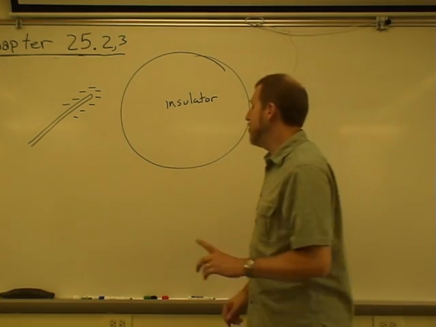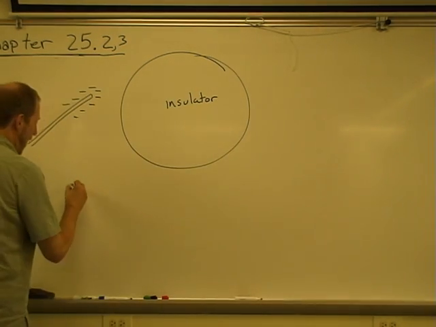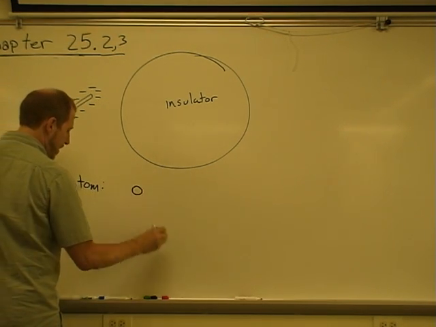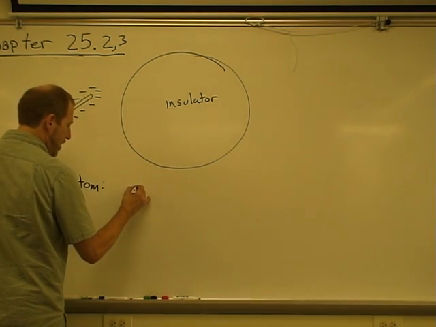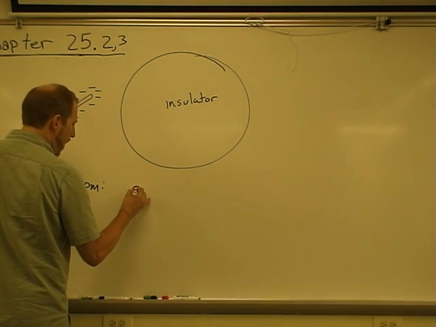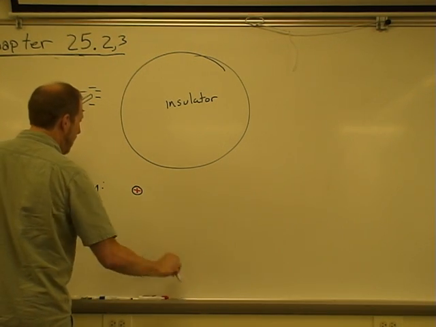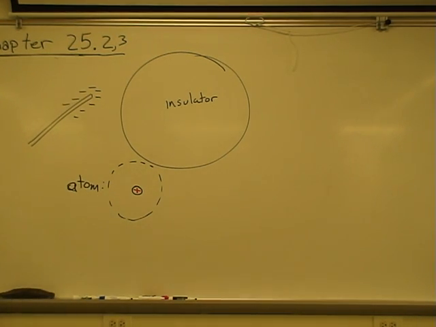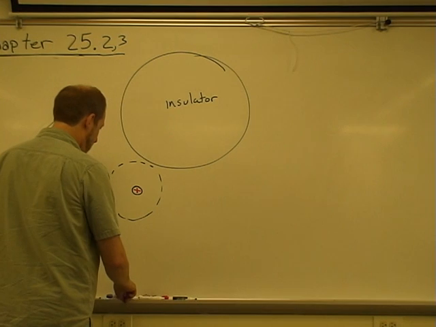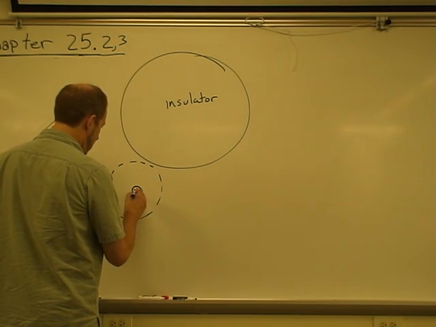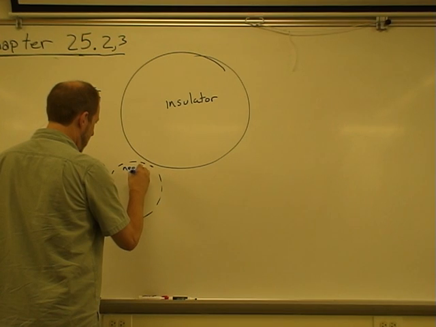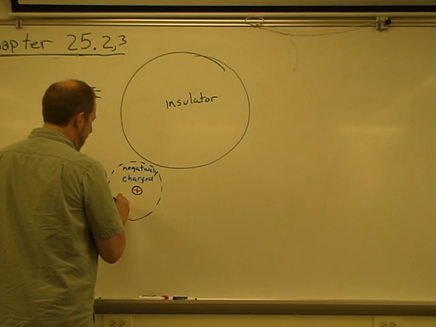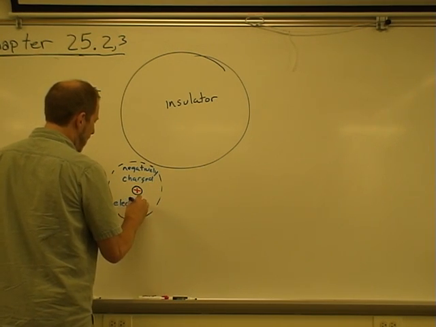The best that you can do is if I look at each individual atom, let's say that I've got an atom with a positively charged nucleus, and then in the space around that positively charged nucleus, I've got a cloud of negatively charged electrons.